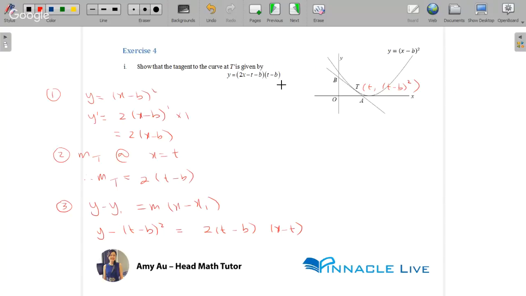So instead of expanding everything, be strategic. I'm just going to move that to the right side, and continue up here. You can see t minus b is a common factor, which is kind of what you want.